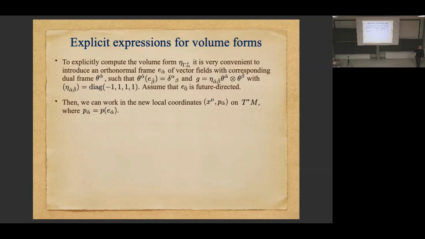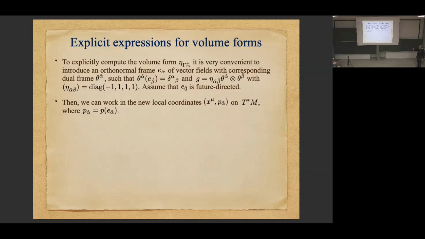Okay, and then you can compute these volume forms also more explicitly. For this, it is not absolutely necessary, but it's an advantage to introduce an orthonormal frame of vector fields, so at each point, a tetrad, if you want, with the dual frame.